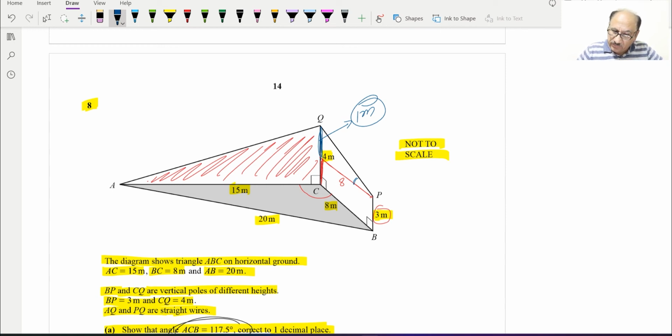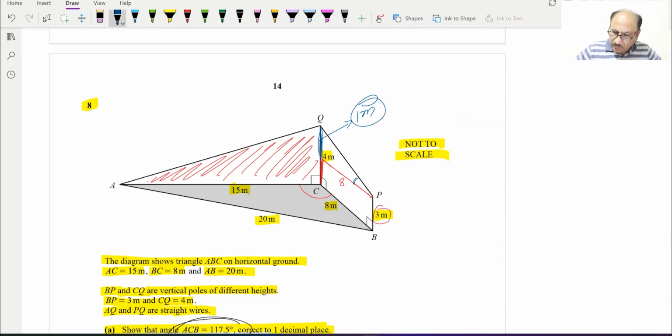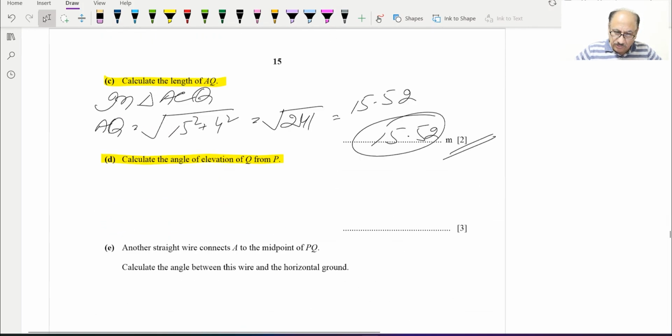So opposite this angle, opposite over adjacent, this will be the angle of elevation. So tan theta is equal to 1 over 8. So theta will be equal to tan inverse 1 over 8, and we can take it from here and paste it over here.